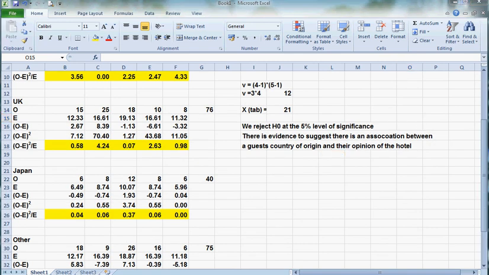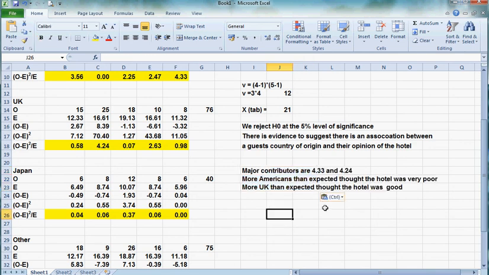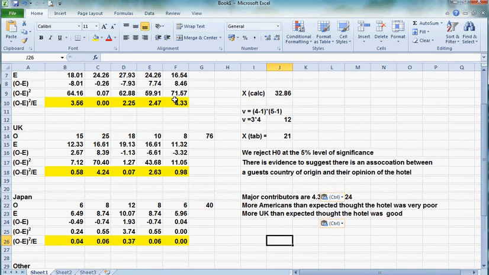Look at 4.33 first of all. What is that? Well, that is people from the USA or Americans. We have got more of them rated the hotel as very poor than we would have expected.